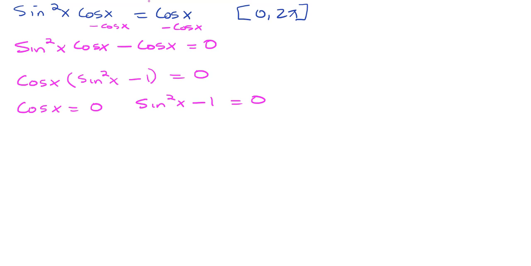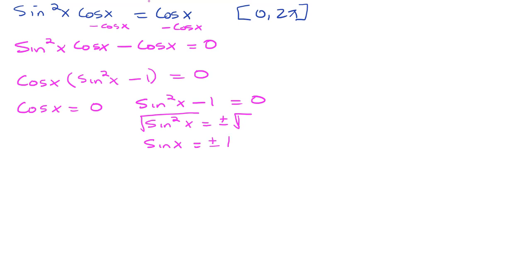Let's solve for this. We have sine squared x equal to 1. We did this type of problem earlier, so we're going to take a square root here, plus or minus. Sine x is going to be plus or minus 1.